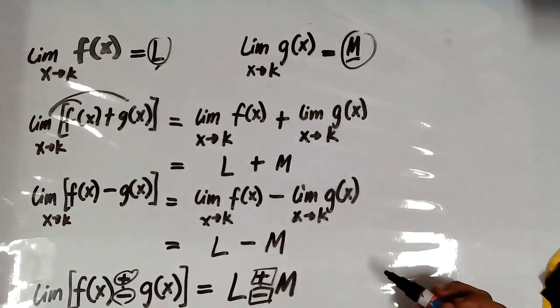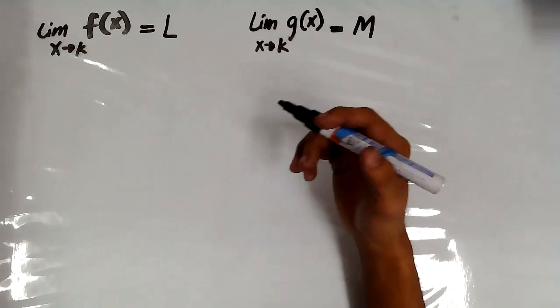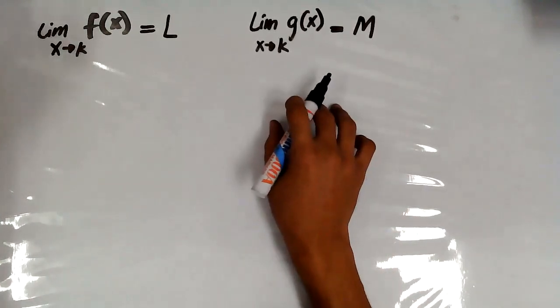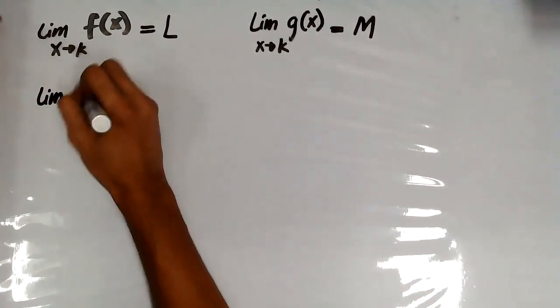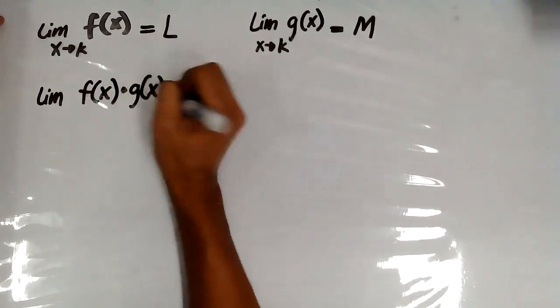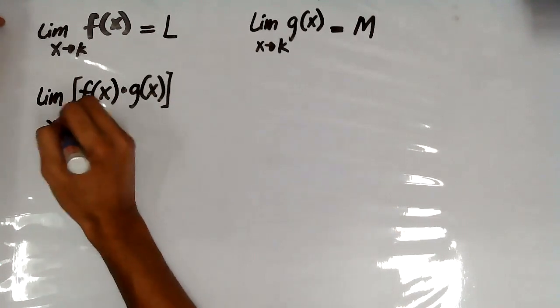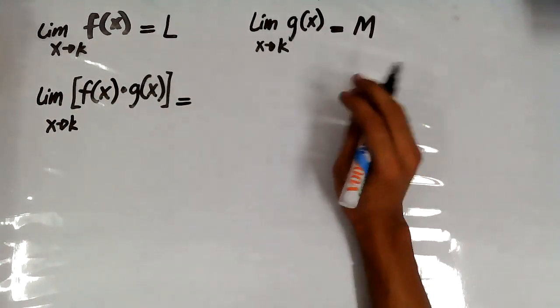All right. And now, if you're thinking of getting the limit of the product of these two functions, f of x and g of x, then what is the limit of f of x times g of x? What do you think will happen to the limit of these two functions as your x approaches k? All right. The same process, you just distribute the limit.